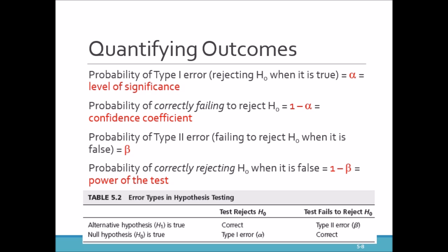And if the null hypothesis is true, and the test rejects the null hypothesis, we've just made the type 1 error that we tried so hard to prevent. And if, again, the null hypothesis is true and our test fails to reject the null hypothesis, we're correct in that conclusion.